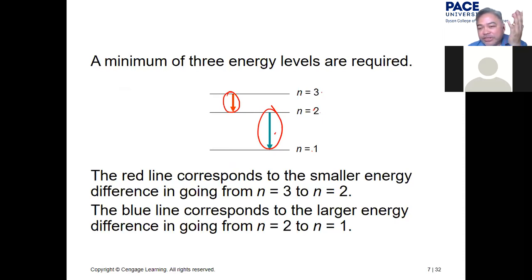Now, with regards to the model of the atom, they found out it is true, but only if you have a hydrogen atom. So the planetary model of Niels Bohr is only applicable if you have a hydrogen atom.